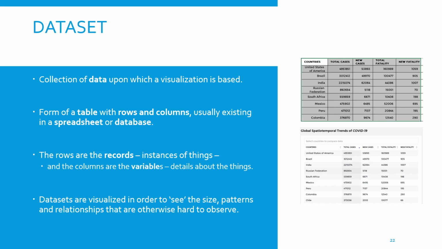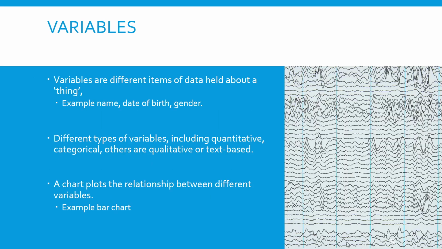And data sets, we have them to see size, patterns, and some relationships that are not easy to see in the graph sometimes, but you can see by looking into the numbers or transforming that table. Then a variable, as we mentioned, is one of those columns that is a description of the thing that we are observing, or the record.